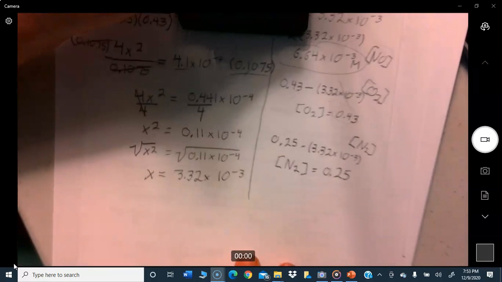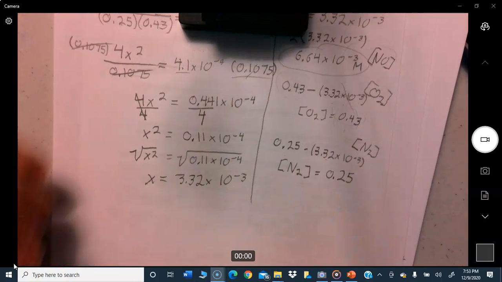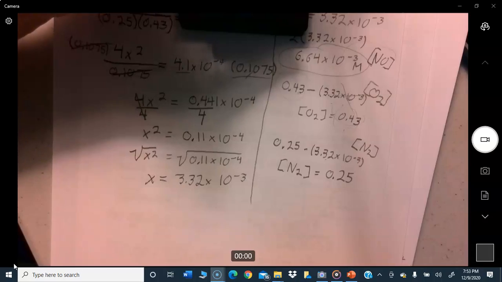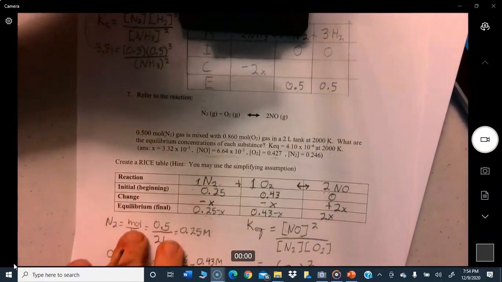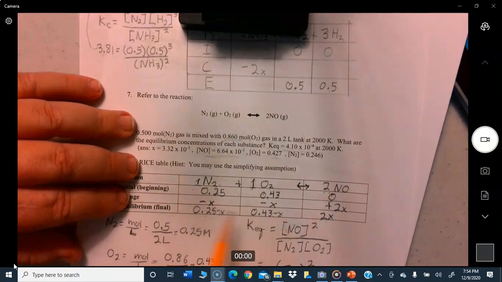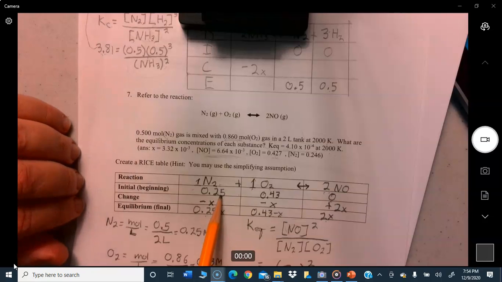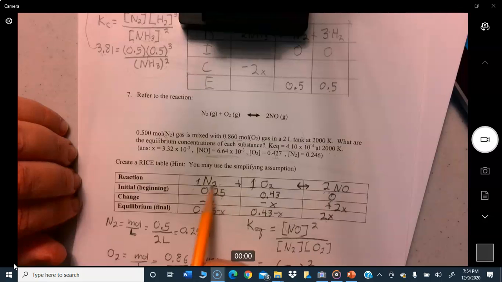Okay, still not done. You got to prove that your assumption was justified. So we come back here, and we could use either of these initial concentrations, but let's use the smaller one, because if our 5% rule is going to fail, it's going to fail by putting the X over the smaller of the two numbers.